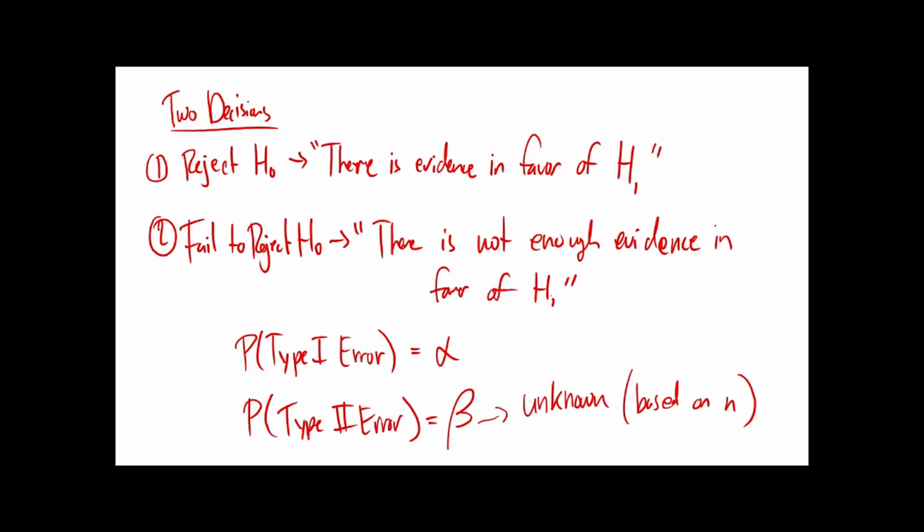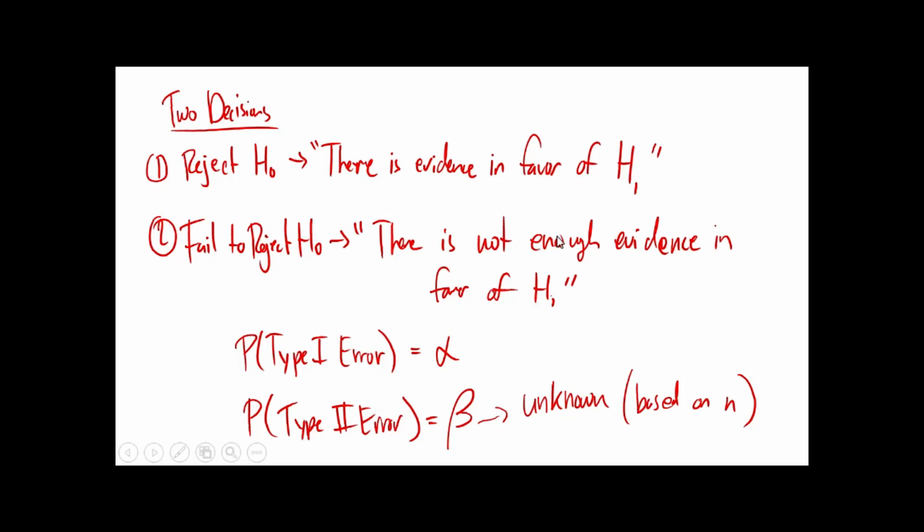It's because we don't know how likely it is that we made a type 2 error. We only know how likely it is we made a type 1 error, and type 1 errors can only occur when you reject the null hypothesis. So, anyways, it's sort of a technicality, but it matters if you want to be technical.